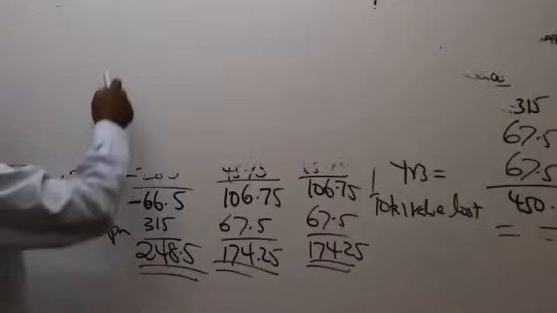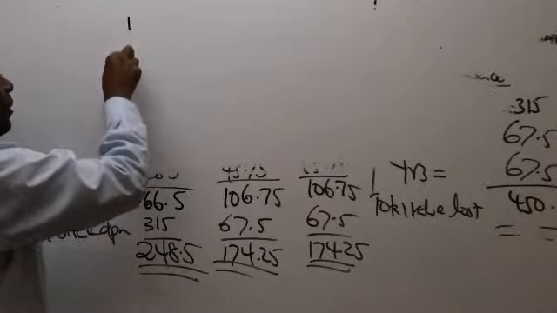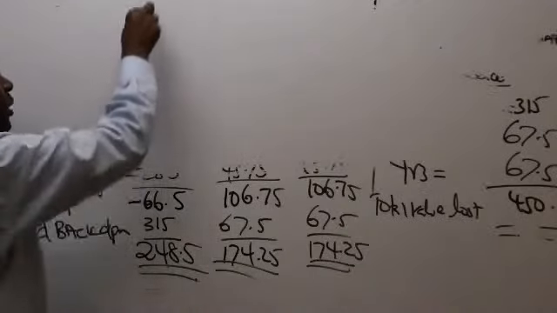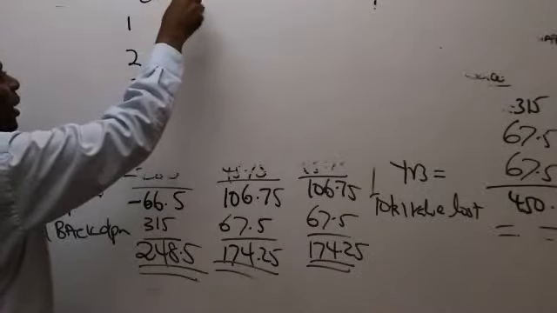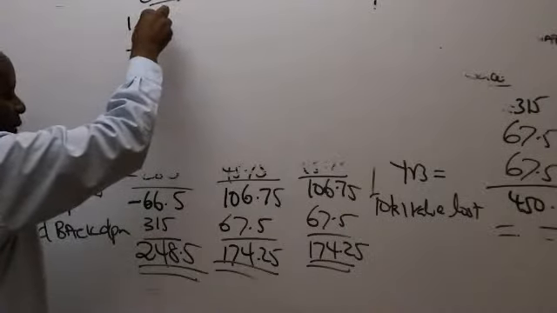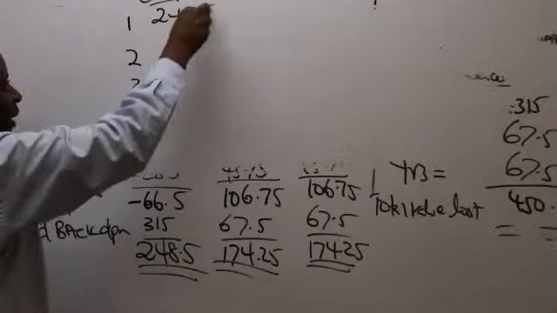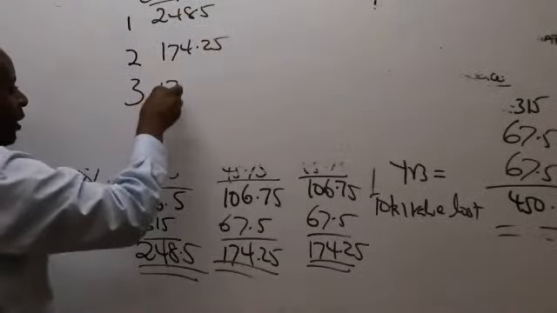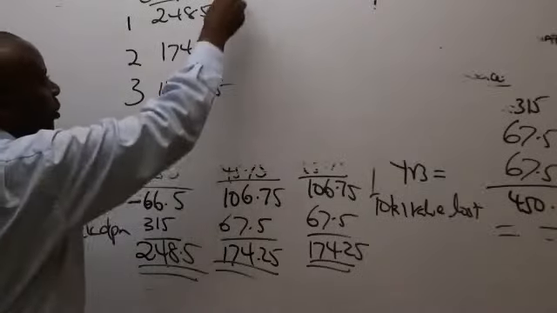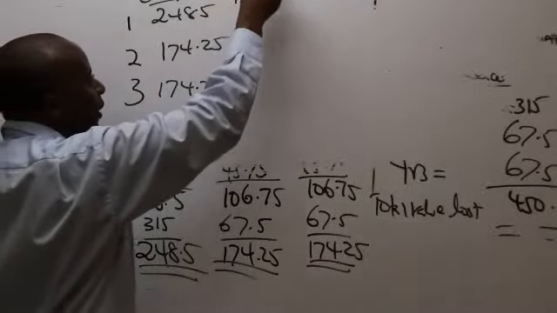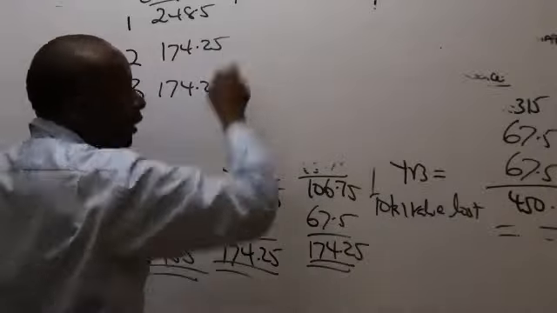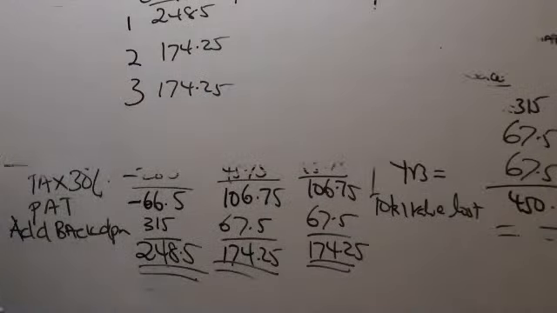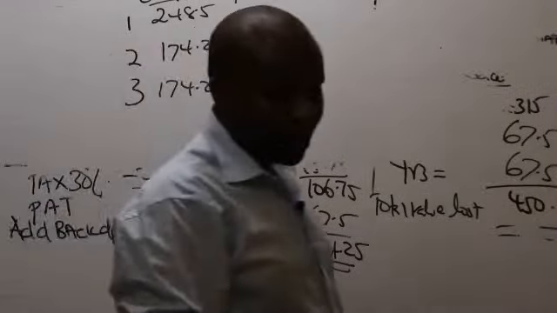Very good. So, ladies and gentlemen, we have time 1, 2, 3. We have our cash flows: 248.5, 174.25, and 174.25. So come and give us PVIF. Do you still remember our KU was 16%?